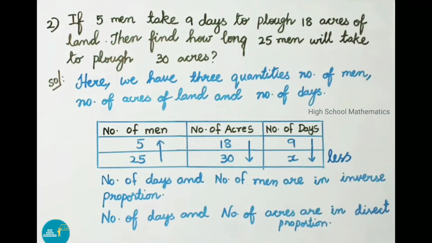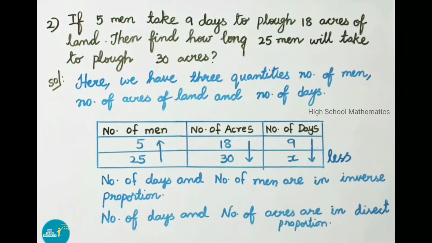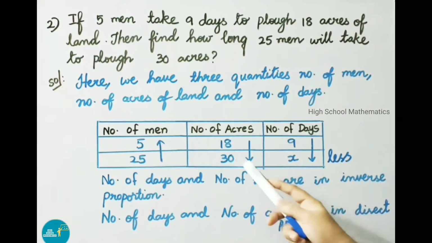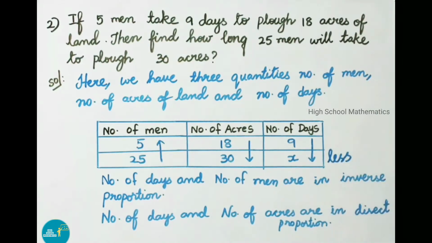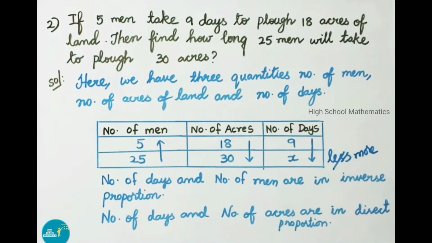Now, let us compare number of days and number of acres of land. 18 acres of land, they plow in only 9 days. 30 acres of land, they will take more days. Here this x value may be more days. Fewer acres of land, fewer days; more acres of land, more days.